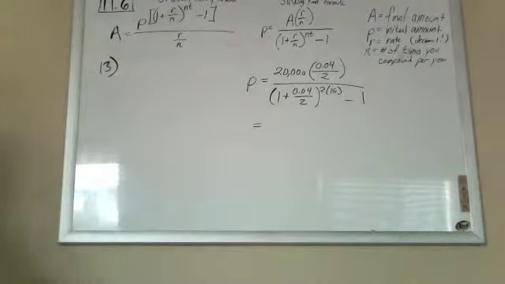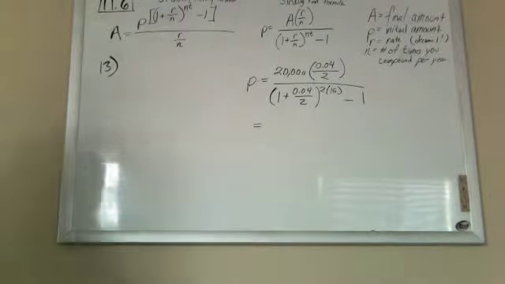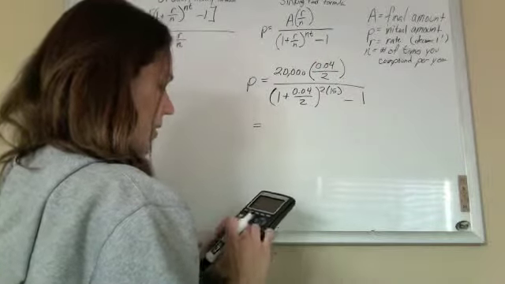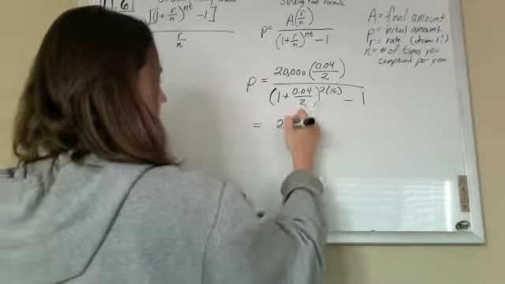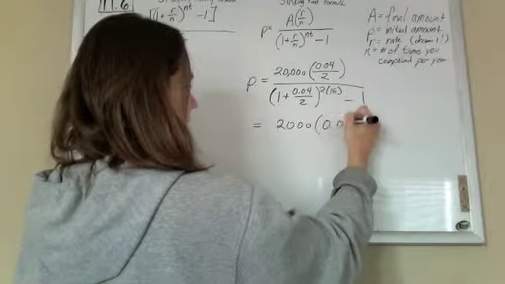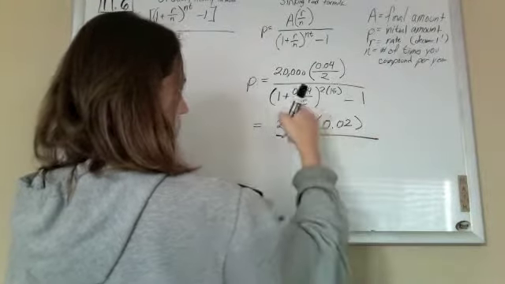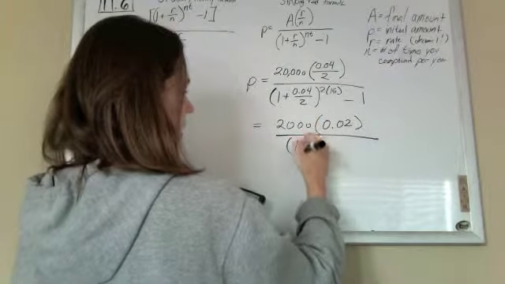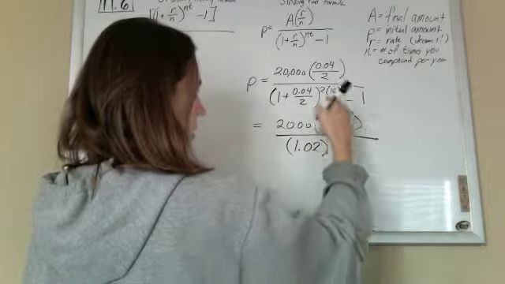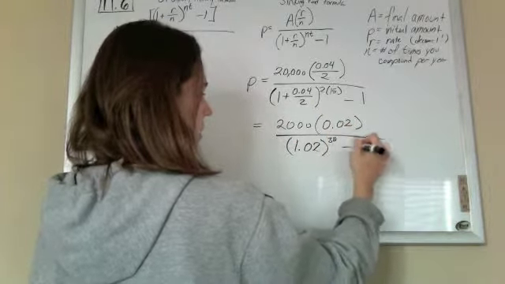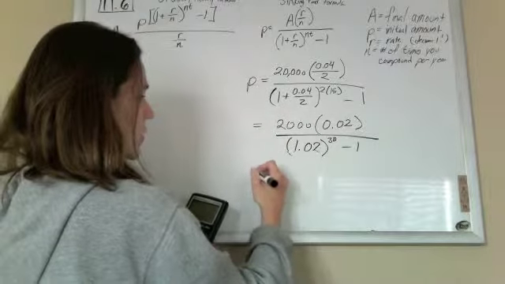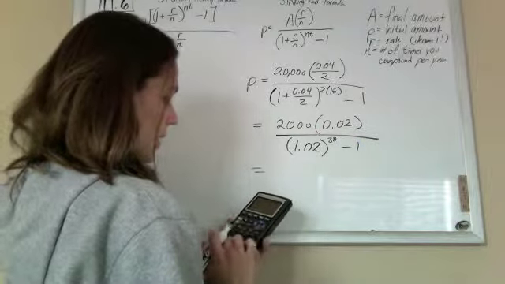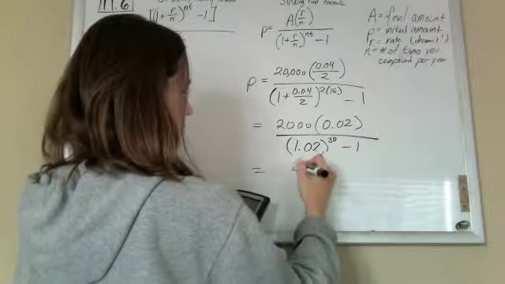So, plugged it in. Now we're going to chug out the answer. So again, we're always going to start with this 0.04 divided by 2, and that gives me 0.02. And remember this part here was 0.02, so 1 plus that is 1.02. 2 times 15 is 30, minus a 1. So now, let's crank this out. 2,000 times 0.02 is 40.